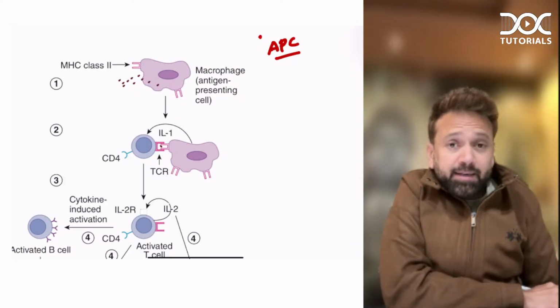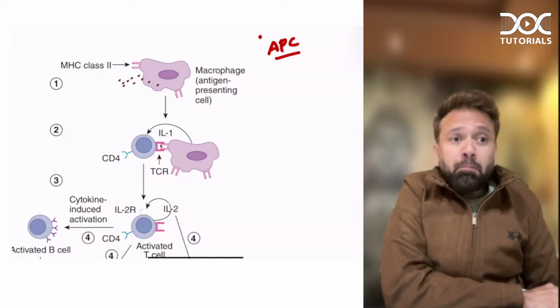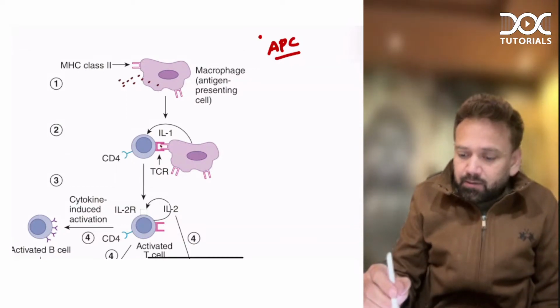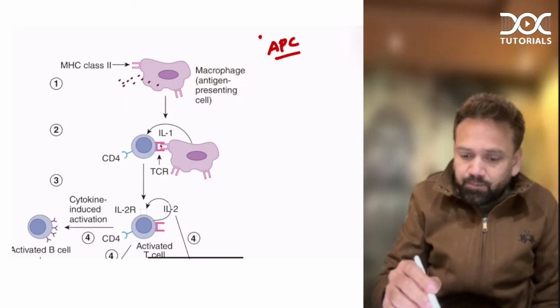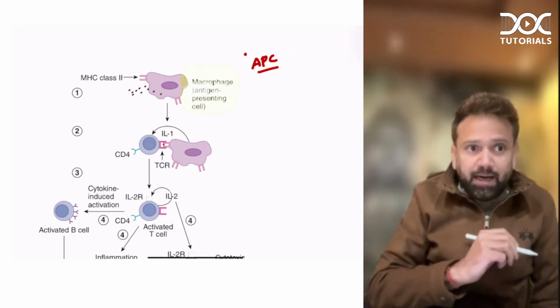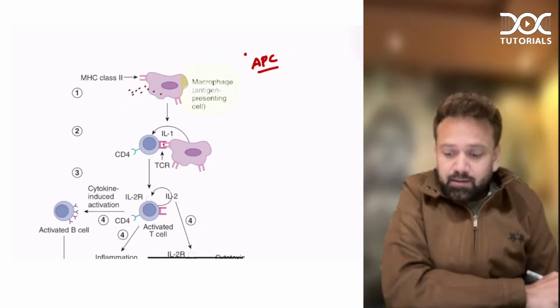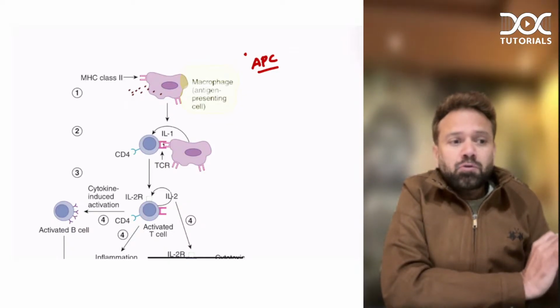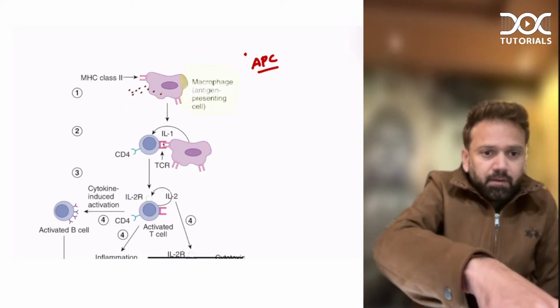And antigen presenting cells are so many. One of them is the macrophage. So in this diagram, you can see macrophages are antigen presenting cells, because they have to present antigen to the T lymphocytes. Is this clear?